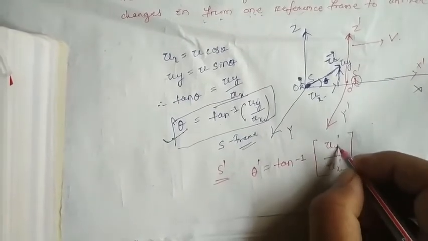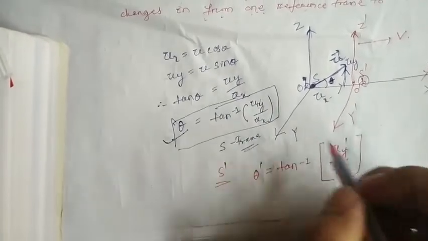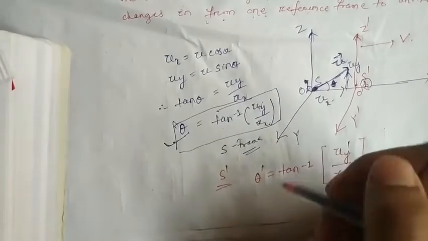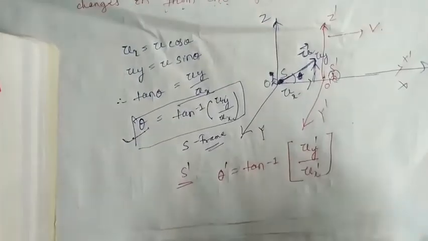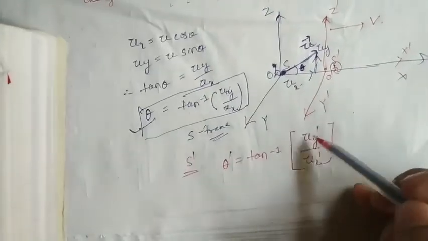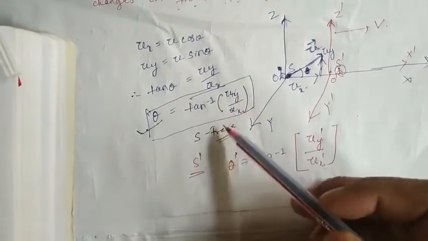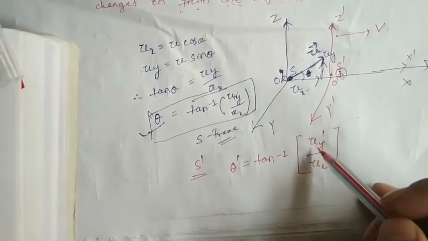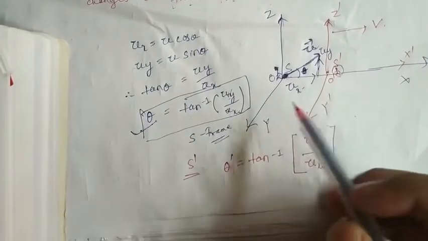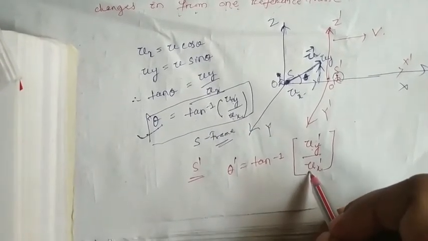Here uy dash is not equal to uy, and ux dash is not equal to ux. According to relativistic velocity addition, these have changed to different values compared with these two values. uy is different from uy dash, and likewise ux is also different from ux dash.